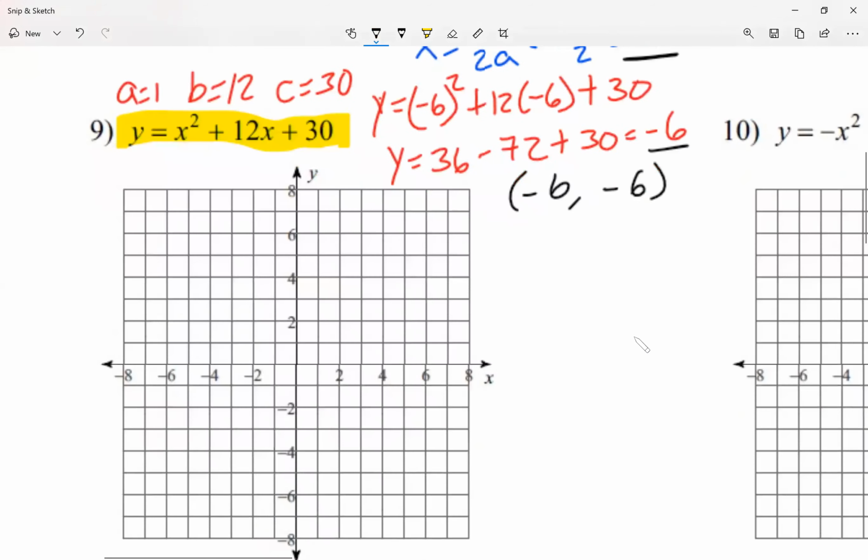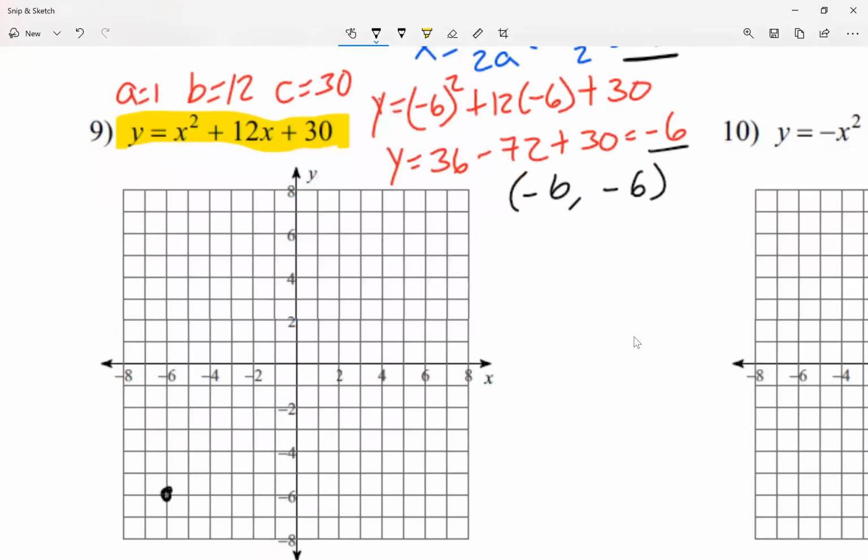I can graph that. Right, negative 6 is right there. One thing, notice that in my graph, each square I'm counting by 1. In your homework, you might be counting by 2s. Okay, so be careful on that. So I found the vertex.